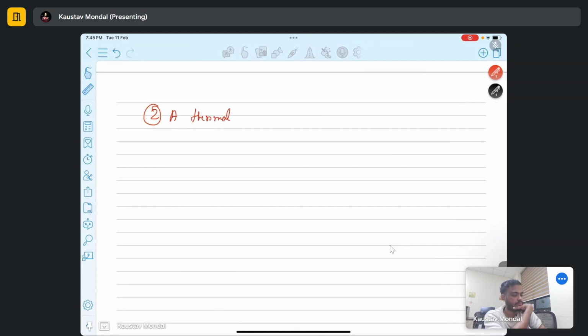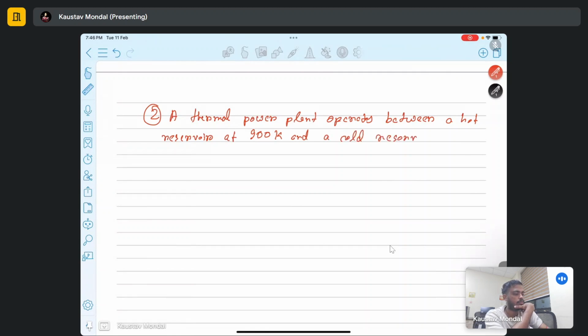A thermal power plant operates between a hot reservoir at 900 Kelvin and a cold reservoir at 300 Kelvin, right?